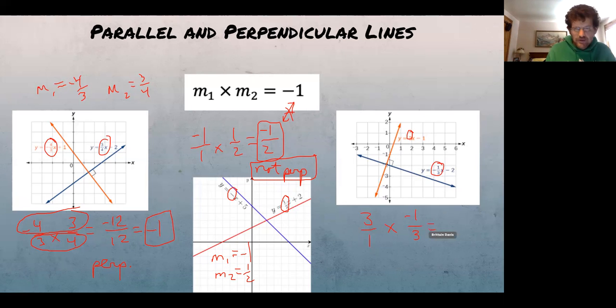So that makes it a little easier to do this multiplication. We don't have to think as hard. Multiply your numerators going across and you get -3. Multiply your denominators, you get 3. Remember, you just multiply across like this and then multiply across like that. And you get -3/3, which simplifies down to -1. These are perpendicular.